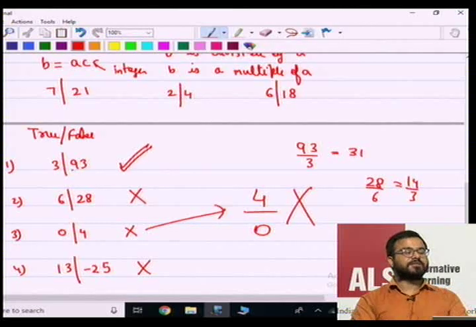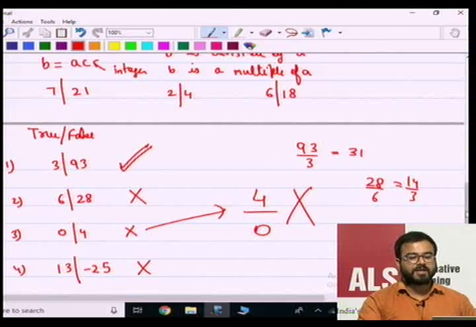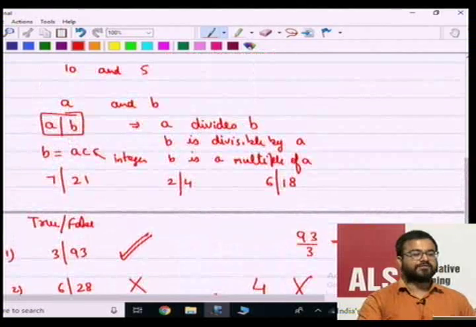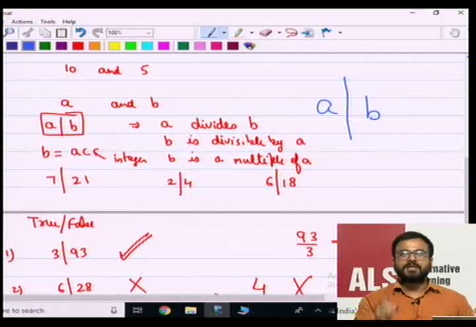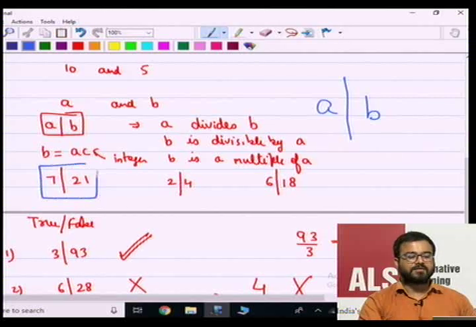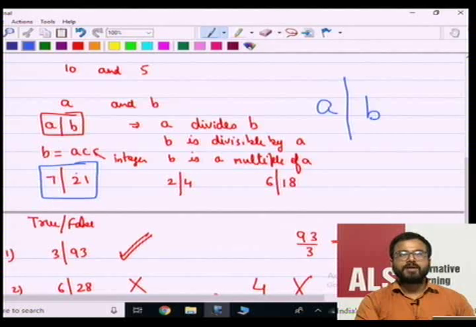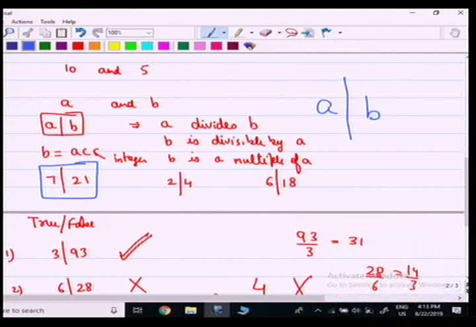I am saying that the notation to write a number like this: if you write A, then a vertical line, and then B, the meaning of this notation is that you read it as A divides B, or B is divisible by A, for some integer C. So if I write 7 line 21, it means 7 divides 21 for some integer 3.